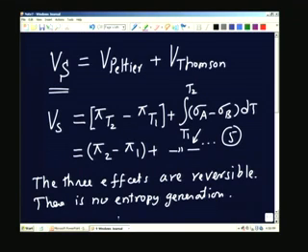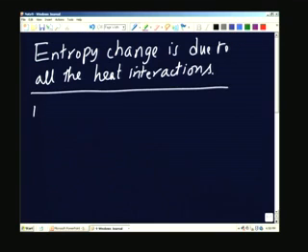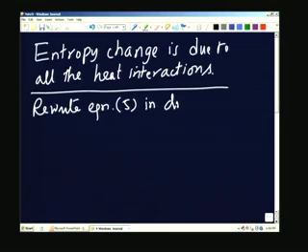Let me rewrite equation 5 in differential form. If you remember, there is an integral appearing there. I want to write it in the form of a differential. That means I have a small difference in temperature between the two junctions. The Peltier effect is due to small temperature differences at the two junctions, and the Thomson effect is also due to small temperature variation along the length of the wire.